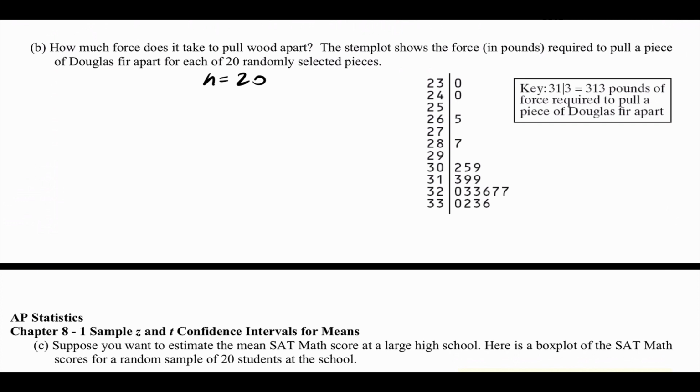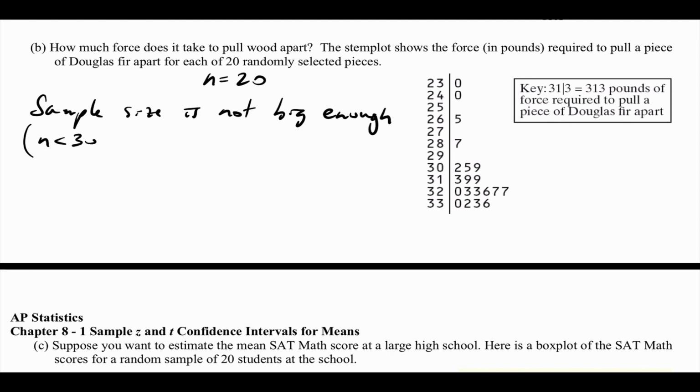Is it skewed? Yeah, it's skewed to the left. So since the sample size isn't big enough, there are no outliers present, we would just say the sample data is skewed to the left. That's all we would put. We list our concerns, right? Sample size is not big enough, less than 30.